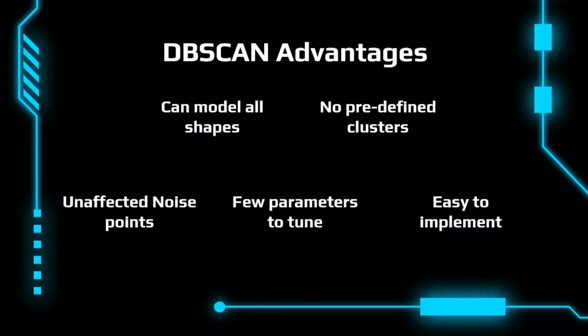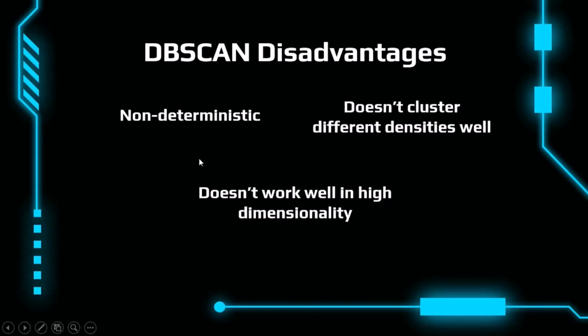Some other advantages: it is easy to implement, there are few parameters to tune, and noise points do not affect it. The disadvantage is that this algorithm is not deterministic. DBSCAN cannot cluster different densities as well as other algorithms, but it also works well for different shapes of datasets, and it's not good for high dimensionality datasets.